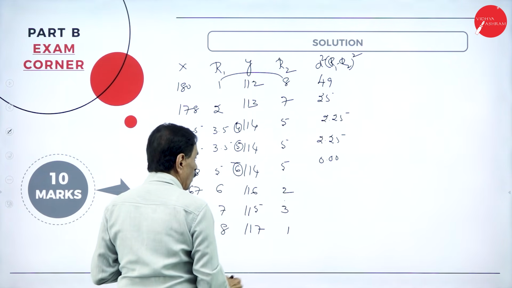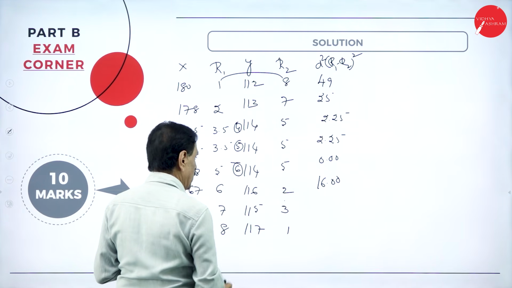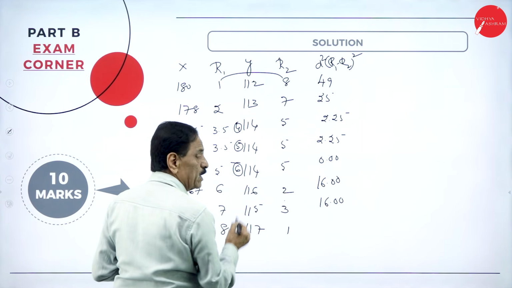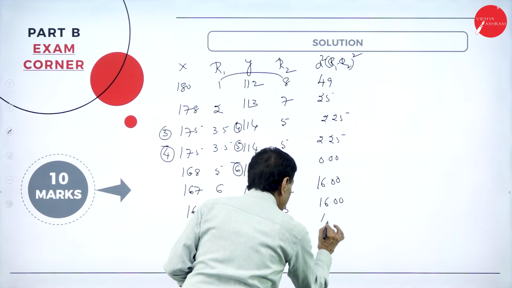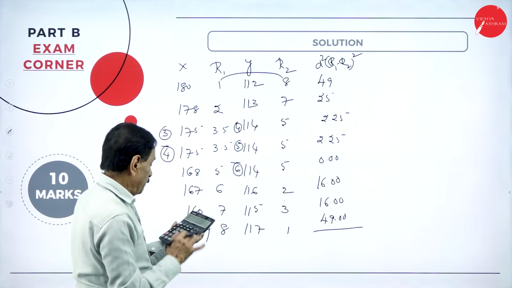6 minus 2 is 4, 16. 7 minus 3 is 4, 16. 8 minus 1, 7, 49. Add the figures.